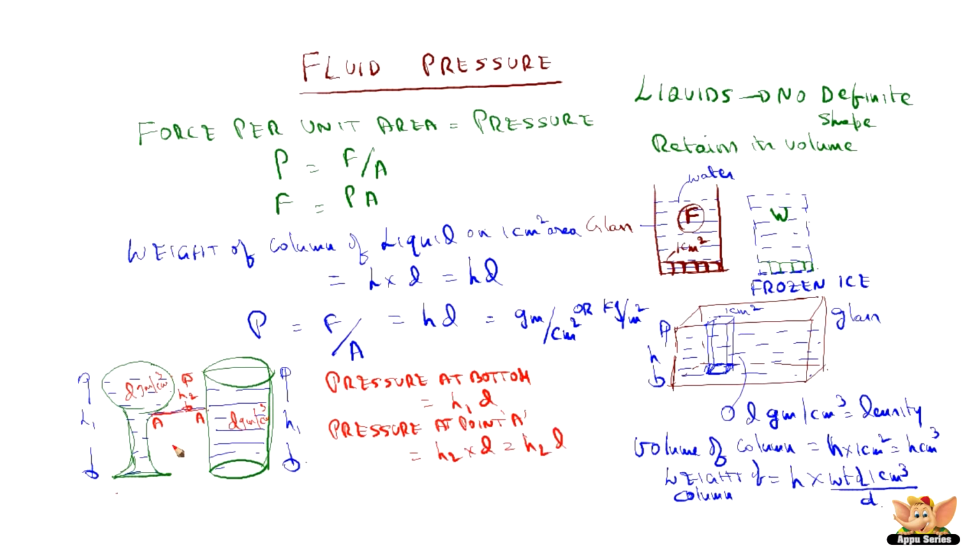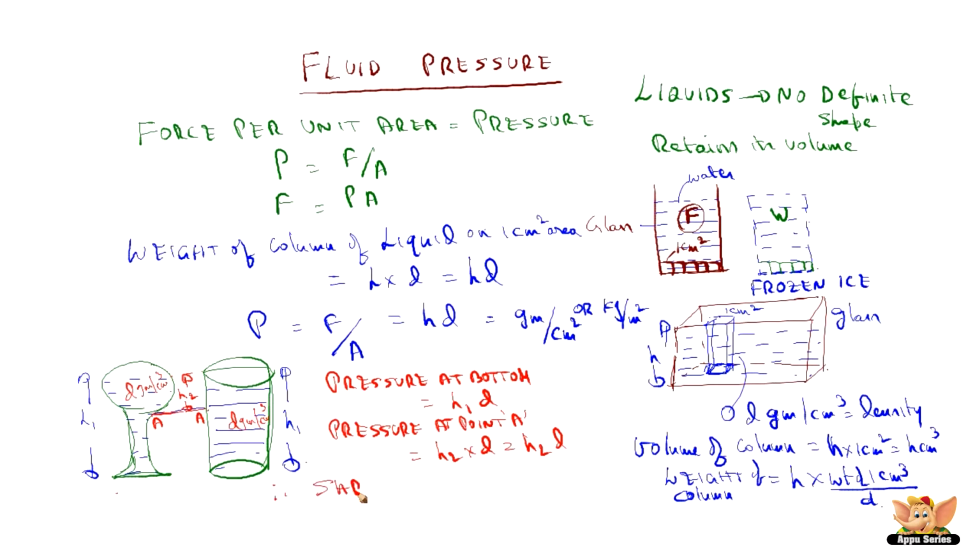So we understand that the shape of the container makes no difference to the pressure of the fluid inside the container at different heights. It is the height that makes the difference, because the liquid is the same liquid carrying the same density.